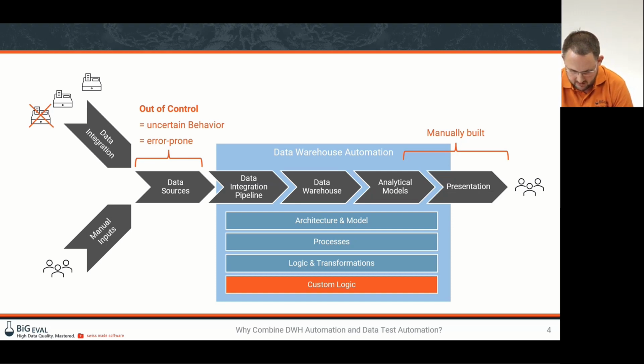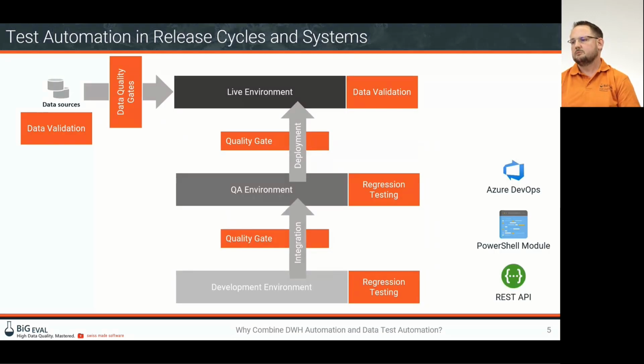So that's why we think you definitely need test automation. Let's look at this diagram to show you where it makes sense to apply test automation. Everywhere you can see an orange square, this could be test cases built by BiG EVAL. So we have here three different layers in our release cycle or release architecture.